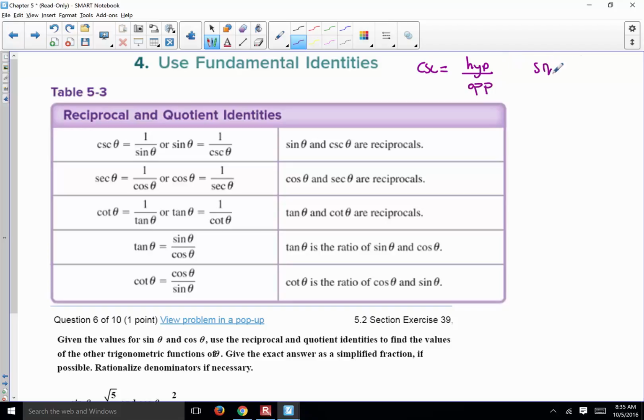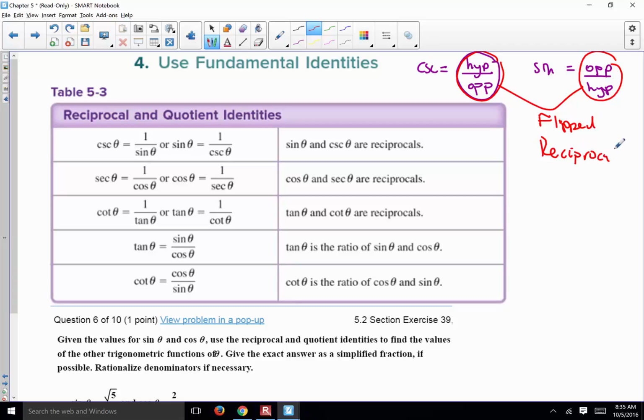And sine is opposite over hypotenuse. What relation do you see here? Hypotenuse opposite, opposite hypotenuse. They are flipped. Technically, we call this reciprocal.